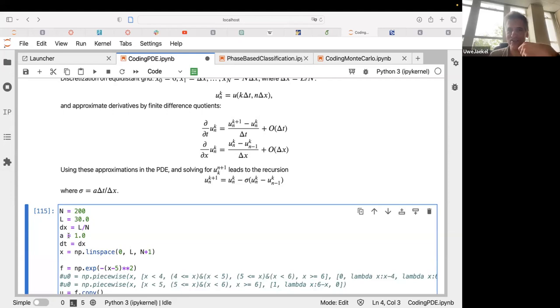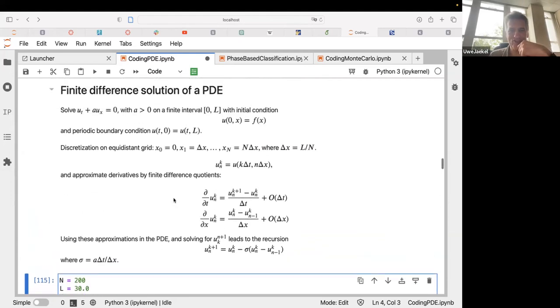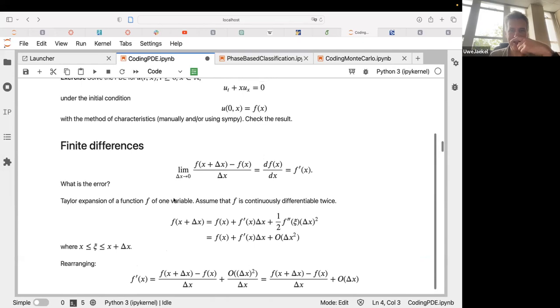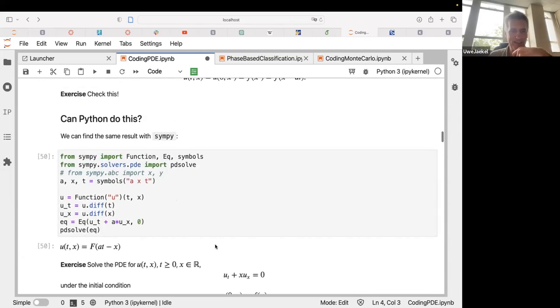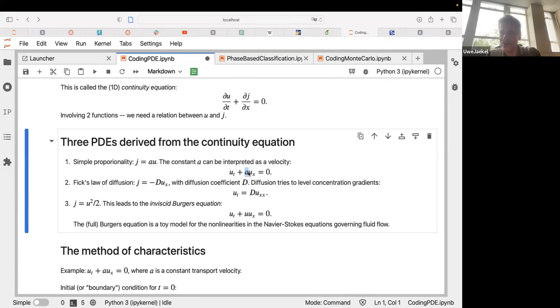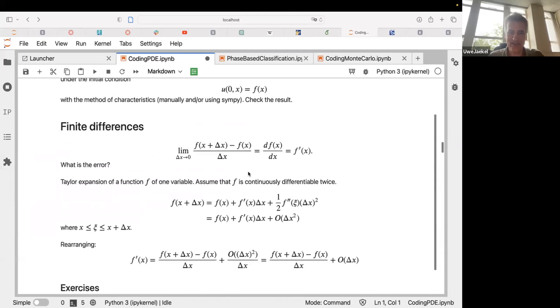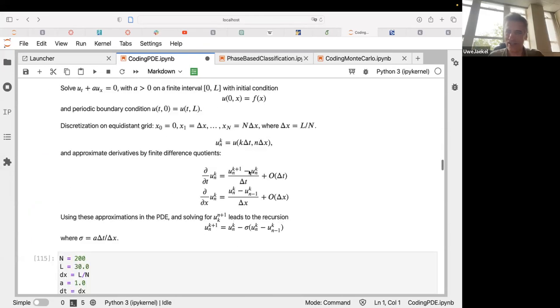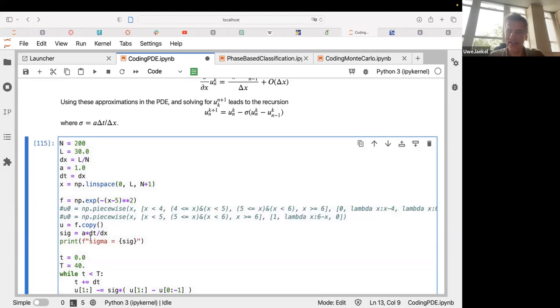In this equation, a may be a function of x or a function of t. And if it's a function of x, you cannot achieve that sigma is equal to 1 for all data points, because you have a regular grid and the velocity is different at different points of the regular grid.